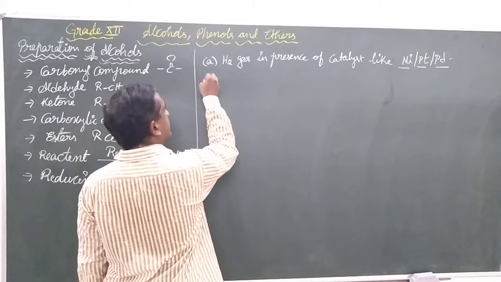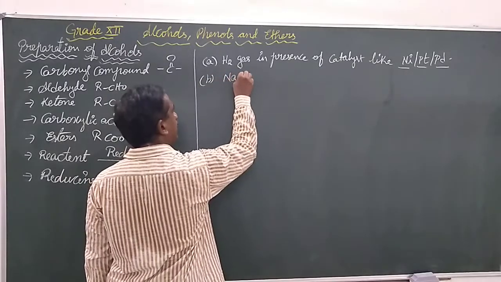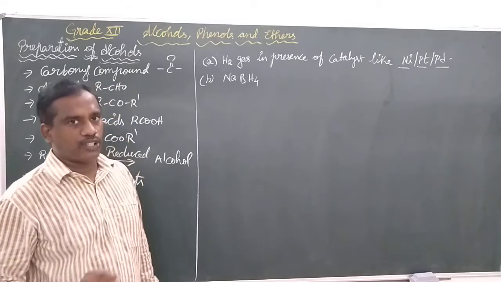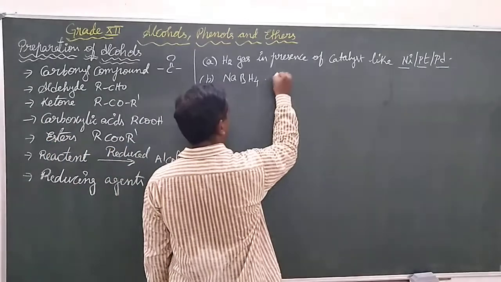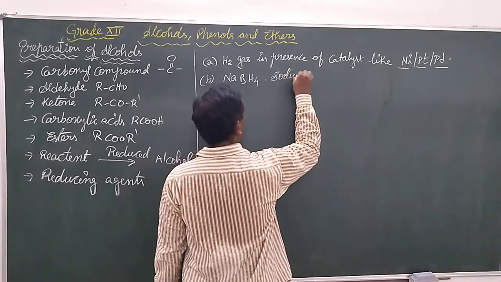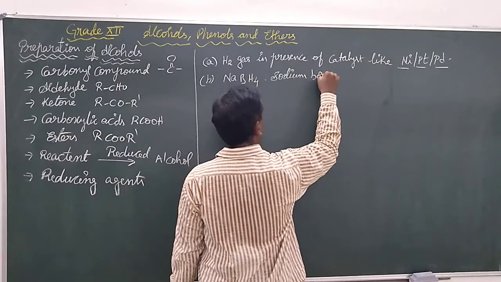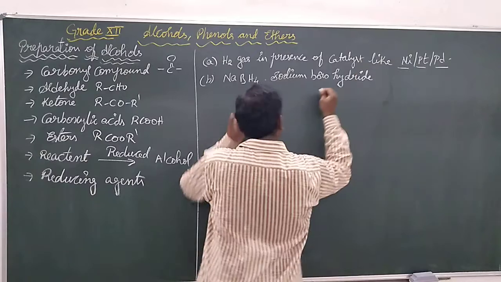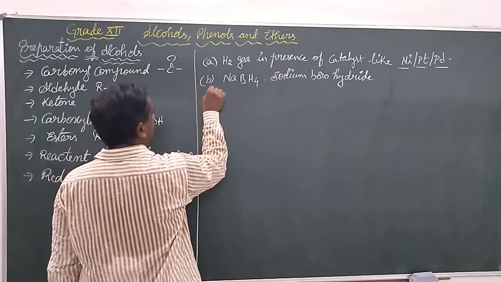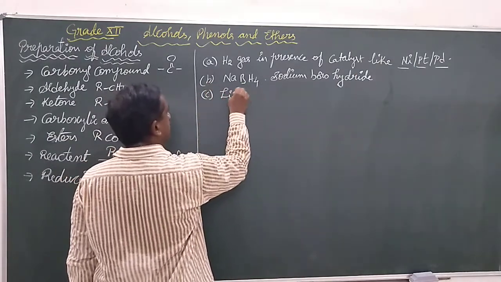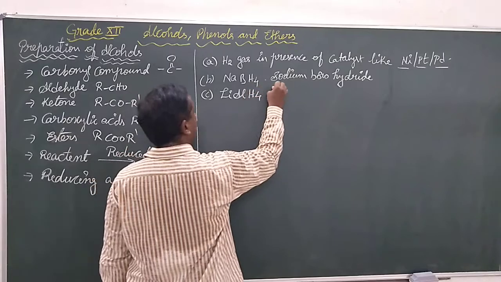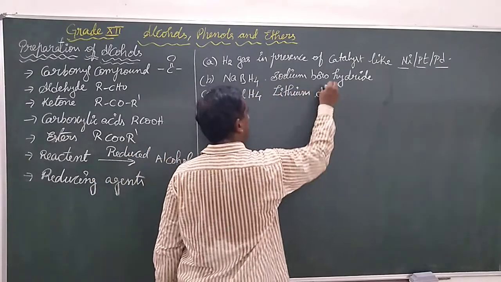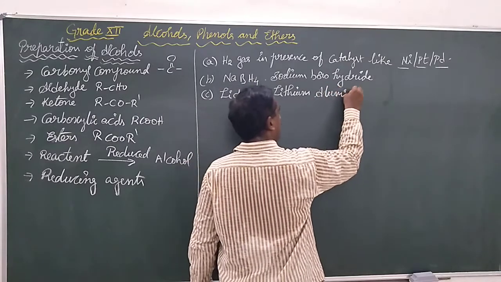The next reducing agent that we are going to learn about is NaBH4. The name is sodium borohydride. And the next one is lithium aluminum hydride.